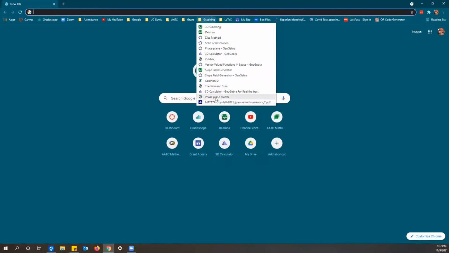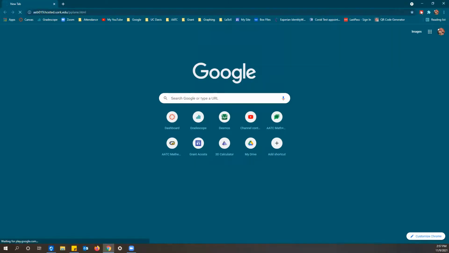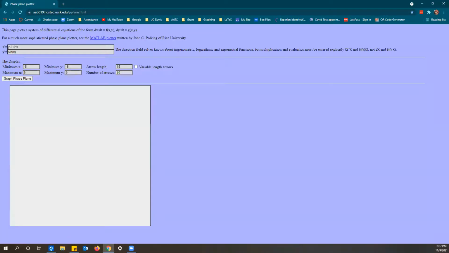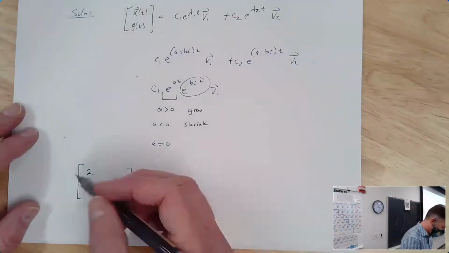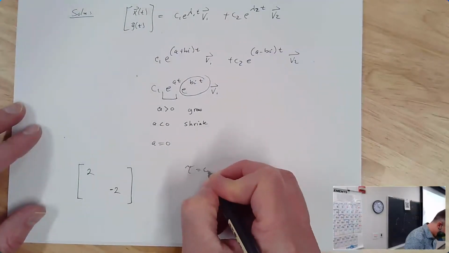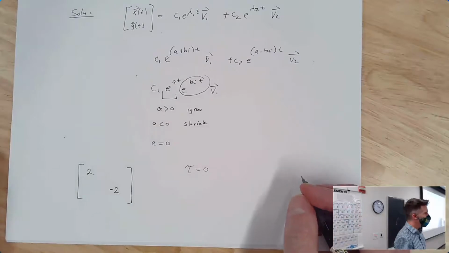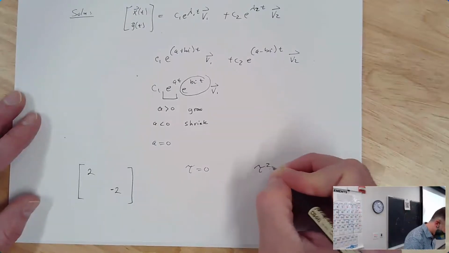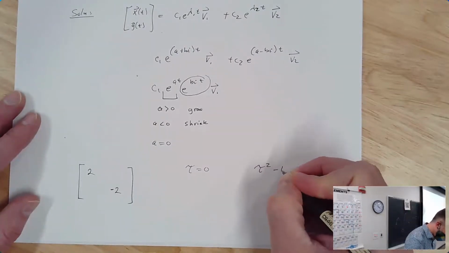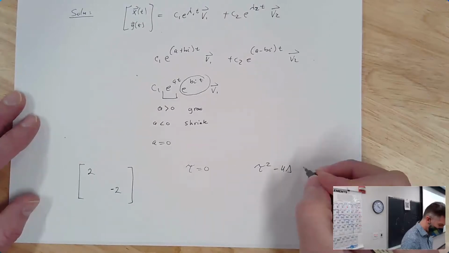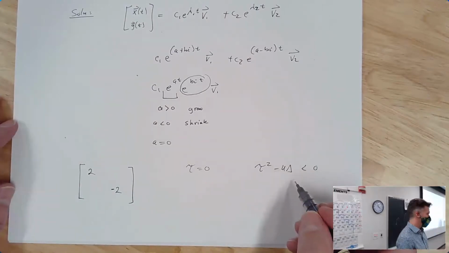Sorry, you can't see what I'm writing. Let me close this down for just a second. I promise you, it might be worth it. So my trace is 0. And I need my determinant to be positive, right?